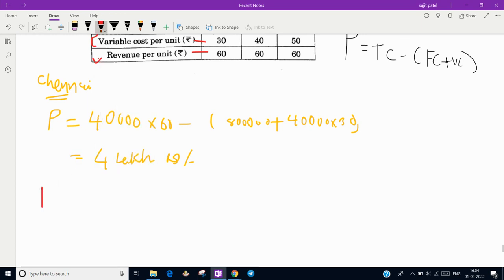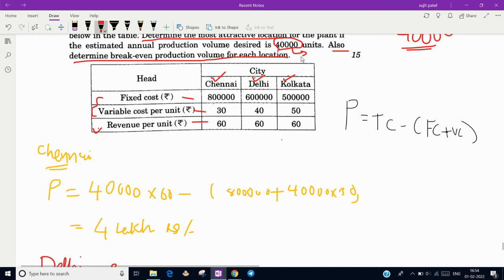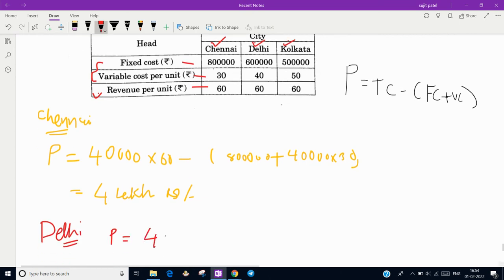For Delhi I will use red. What is the profit? The total annual production is 40,000 at 60 rupees selling price, so 40,000 multiplied by 60, minus the fixed cost for Delhi, 6 lakh. One thing to keep in mind is that fixed cost does not vary with the total quantity produced. Plus the variable cost, 40,000 into 50 rupees.